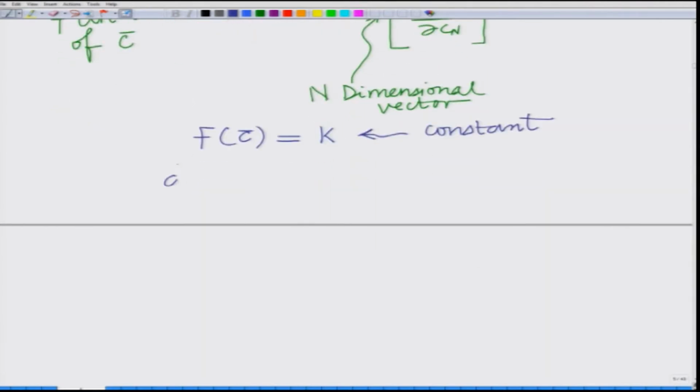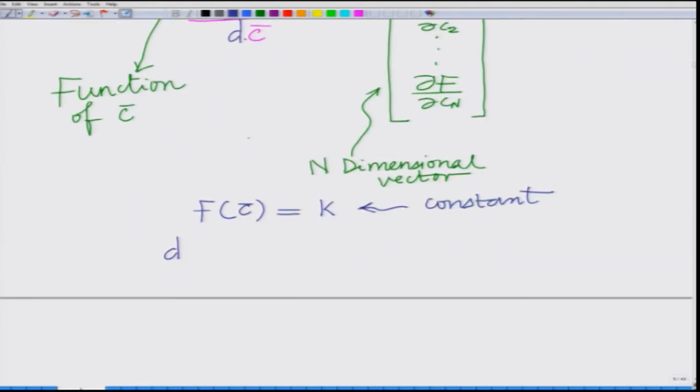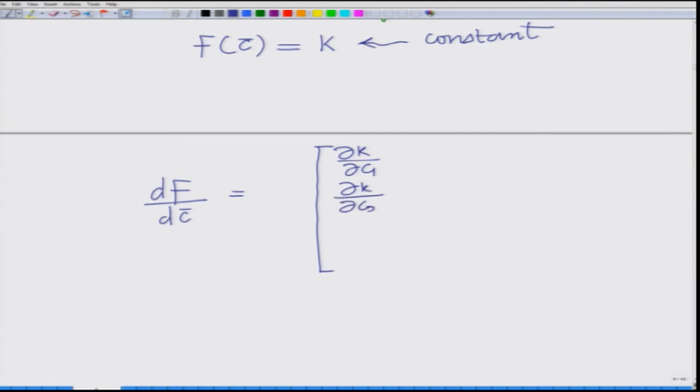Then df by dC bar will be the partial derivative of k with respect to C 1, the derivative of k with respect to C 2, and so on up to the derivative of k with respect to C n.